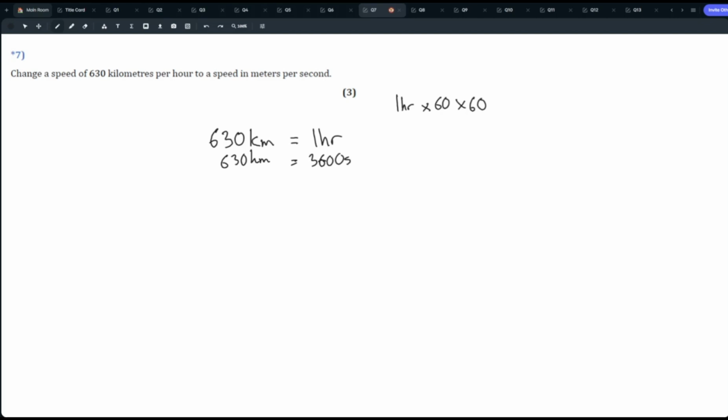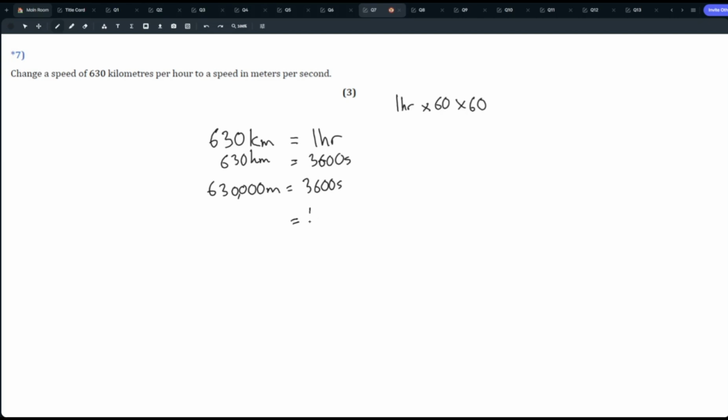What I can do next is work out how many meters in kilometers: 1,000. So 630,000 meters is equal to 3,600 seconds. Okay. But we want to work out what its speed is in 1 second.